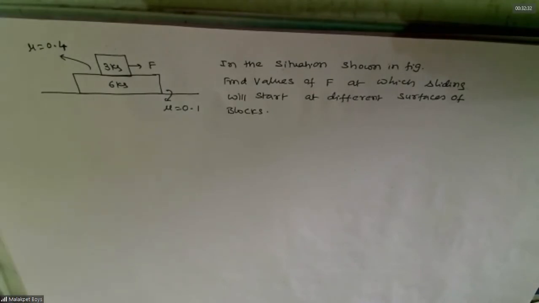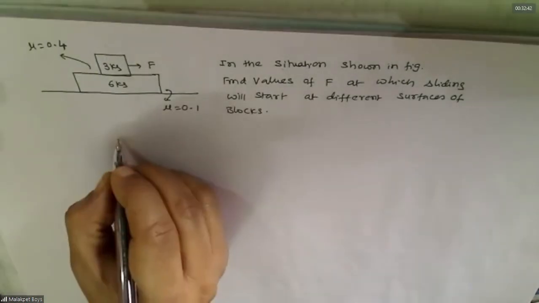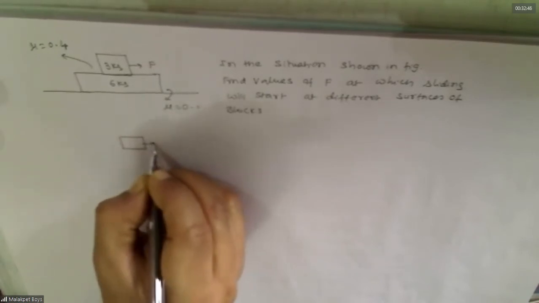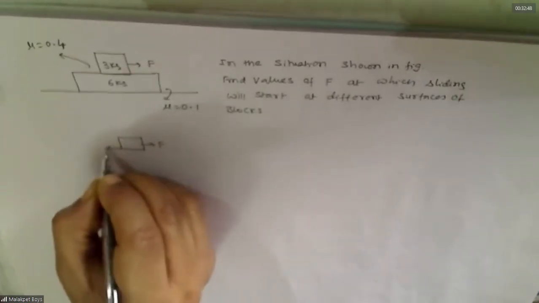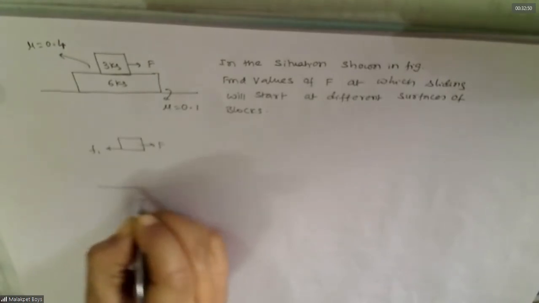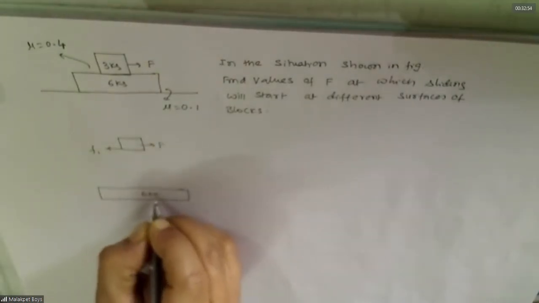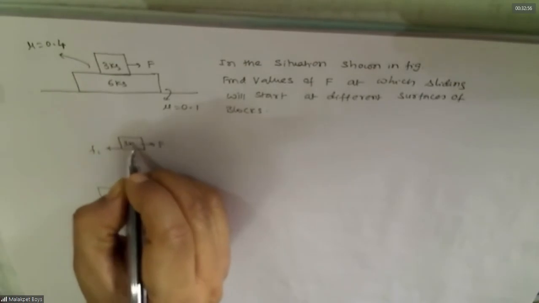Now, what I said fundamentally, what you should find? Find the limiting frictional forces between the blocks. I'll take this as the upper block, F1. The lower one is 6 kg, this is 3 kg.